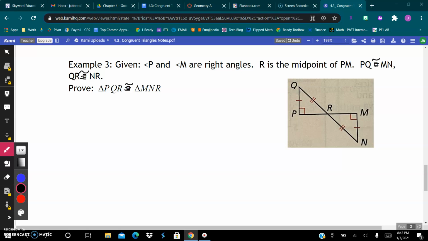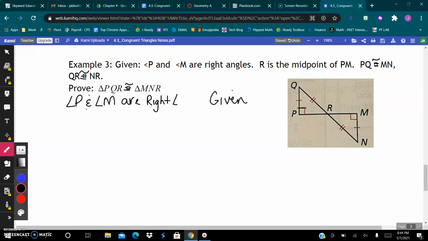So we're going to start off with what we were given here, that angle P and angle M are right angles. And remember, our proof is that was given.